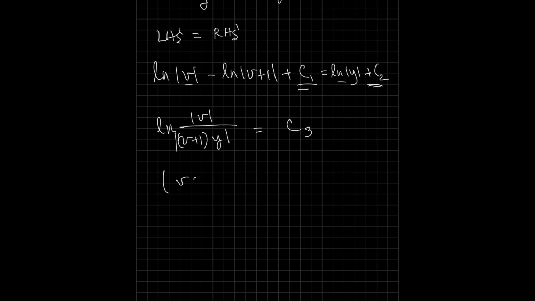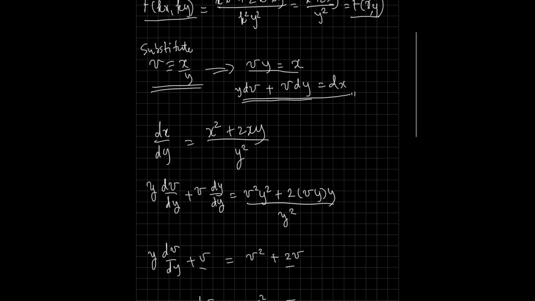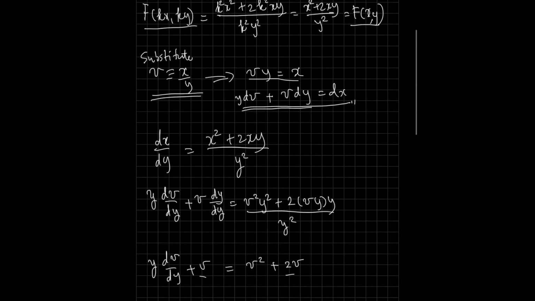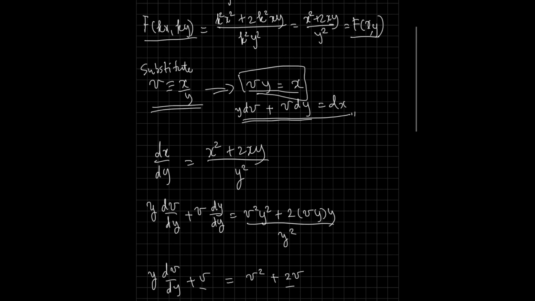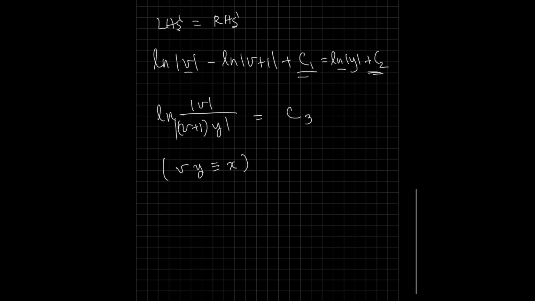And then we recall that our substitution was vy equals x. This is from our first step, when we learned that this is a homogeneous function. That step is this substitution, right? So vy equals x. That's our substitution here. And so let's replace the v's there. What we'll get is as follows: x over y all over x over y plus 1, times y.